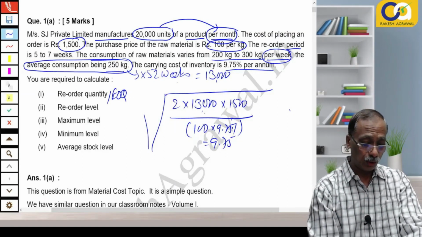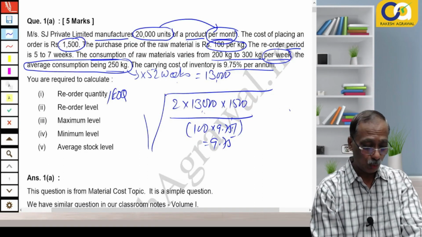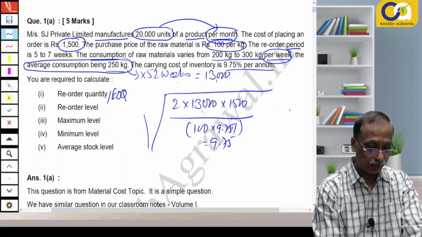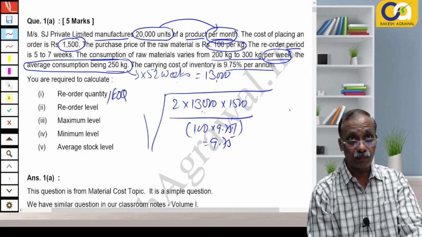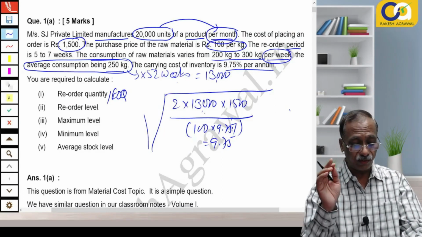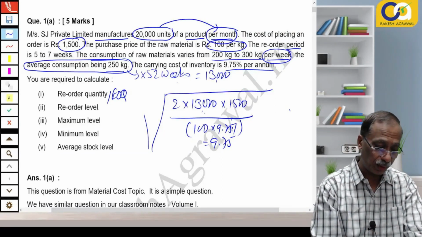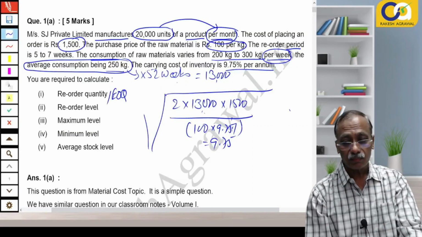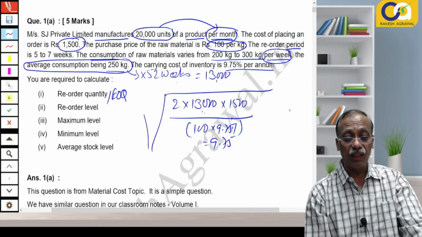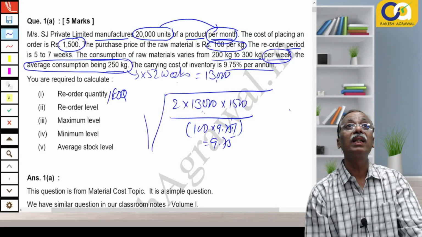So 2 into 13,000 into 1,500 divided by 9.75. Press the equals button first. I hope you are using the calculator. Now press square root.